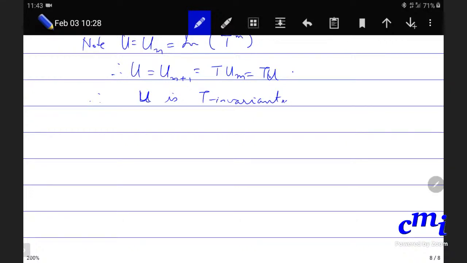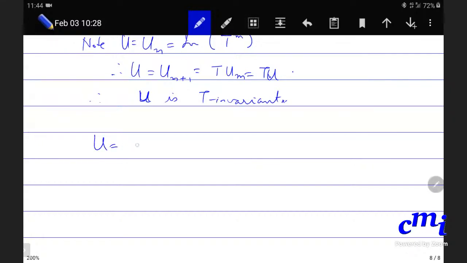Now we need to show two things. What is U? U is U_m, the image of T to the m.